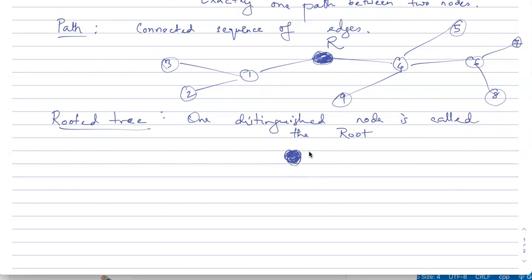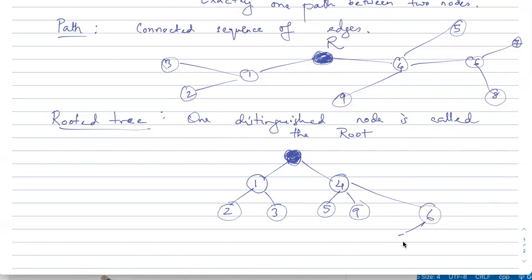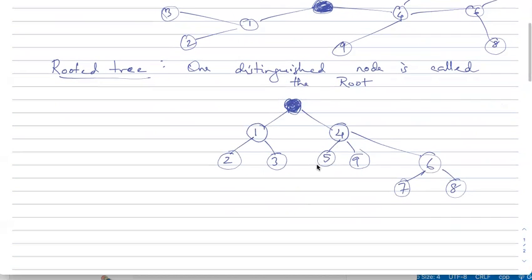You put the root above and you take the children out. So 1 and 4 are the children of the root node. 1 has 2 children further: 2 and 3. 4 has 3 children: 5, 9, and 6. 6 has 2 children, 7 and 8. This looks much more like a tree.